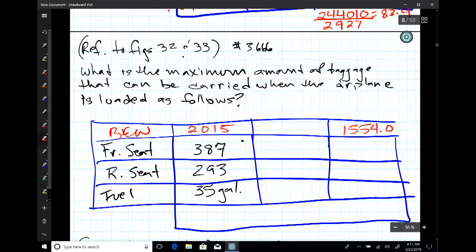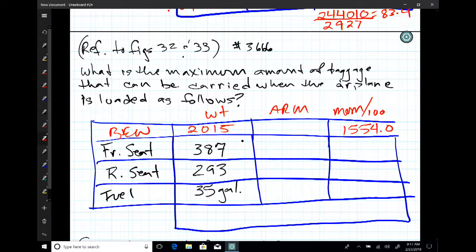And again, up here, here's our weight, arm, moment, divided by 100. And what we're asked for here is, what is the maximum amount of baggage that can be carried when the airplane is loaded as follows.